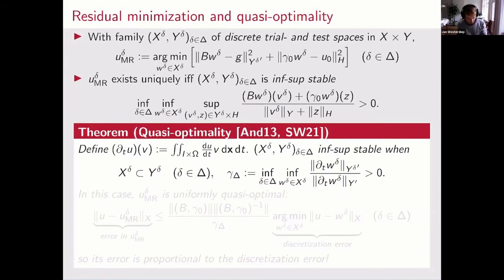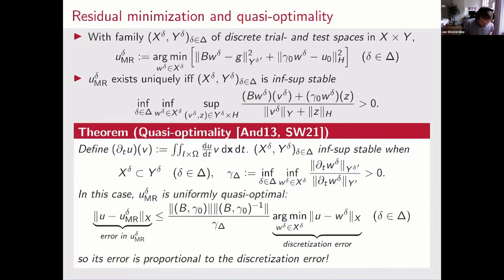So that's much easier than the entire parabolic operator. Okay. And furthermore, in this case, our minimal residual solutions are quasi-optimal. So that means that the error in the solution that you find is actually bounded by some constant multiple of the best error that your trial space allows for, right? So this is quasi-optimal. It's almost the best you can expect.